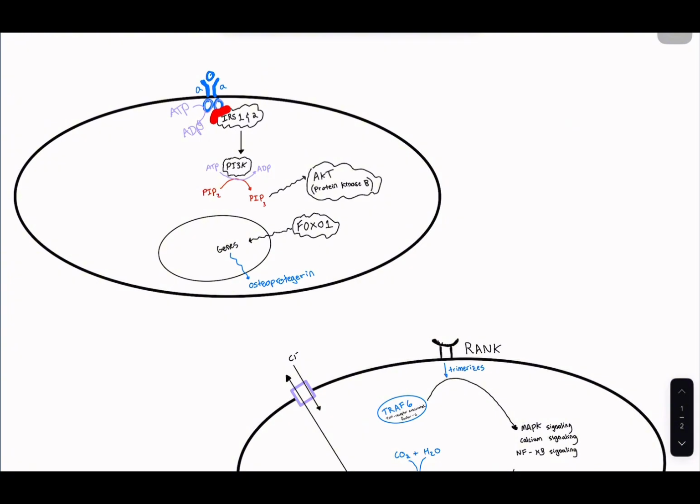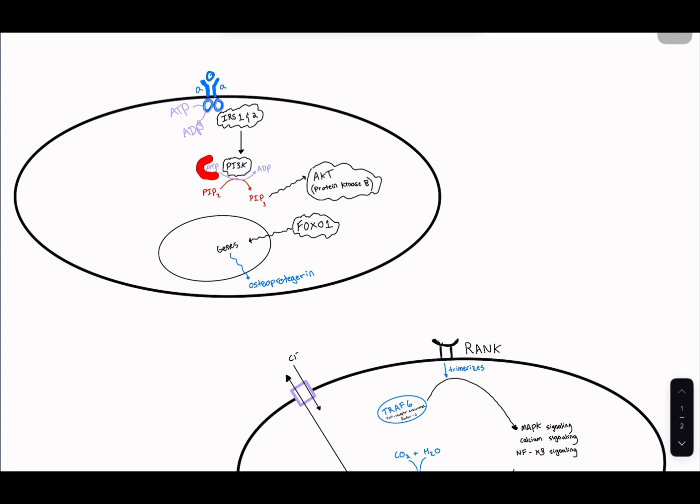Once these two are recruited and activated by those beta subunits of the insulin receptor, they'll go over and turn on a protein called PI3K, which stands for phosphoinositide 3 kinase. It's a kinase, so it's facilitating the transfer of a phosphate from something onto something else.